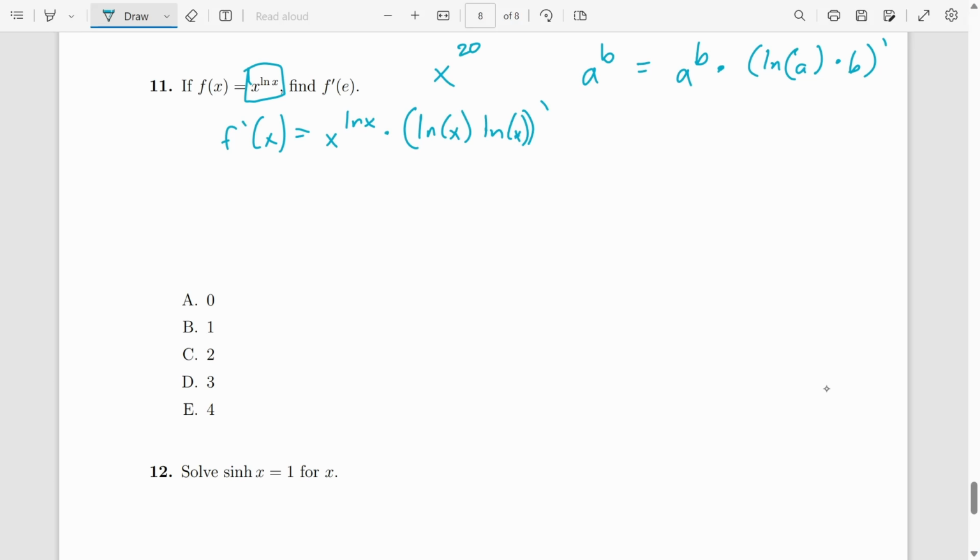Okay, we have two ln x's here. So now let's combine those: ln x times ln x is ln squared x. So that equals x to the ln x times the derivative of ln squared x. This is power rule to start.